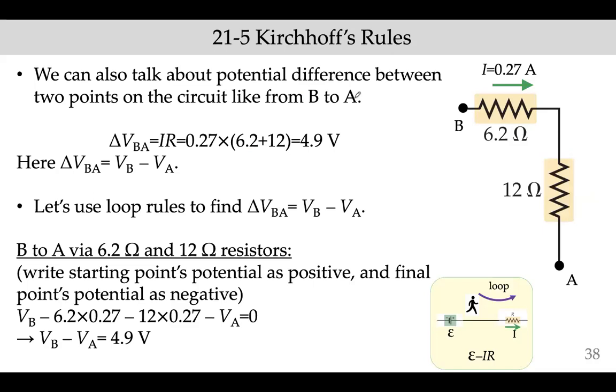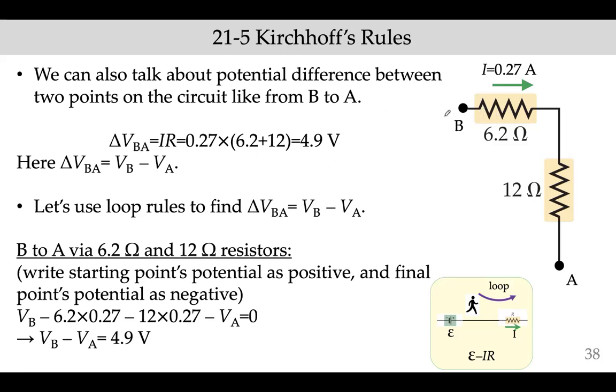Okay, we can also talk about the potential difference between two points on the circuit, like B to A. So you can have a circuit like this, maybe part of a larger circuit. Maybe there are other elements here, maybe it's connected to a battery. But you don't have to know the rest. You can always calculate the potential difference between two points.